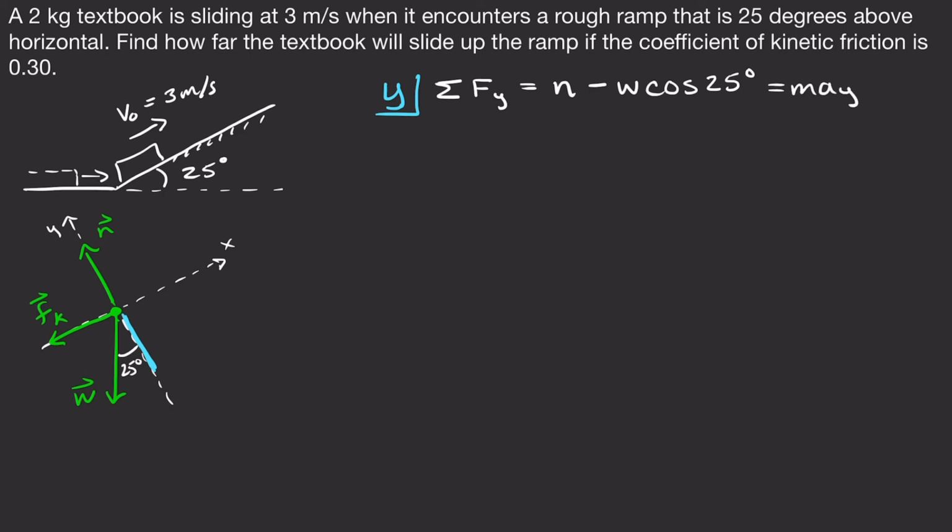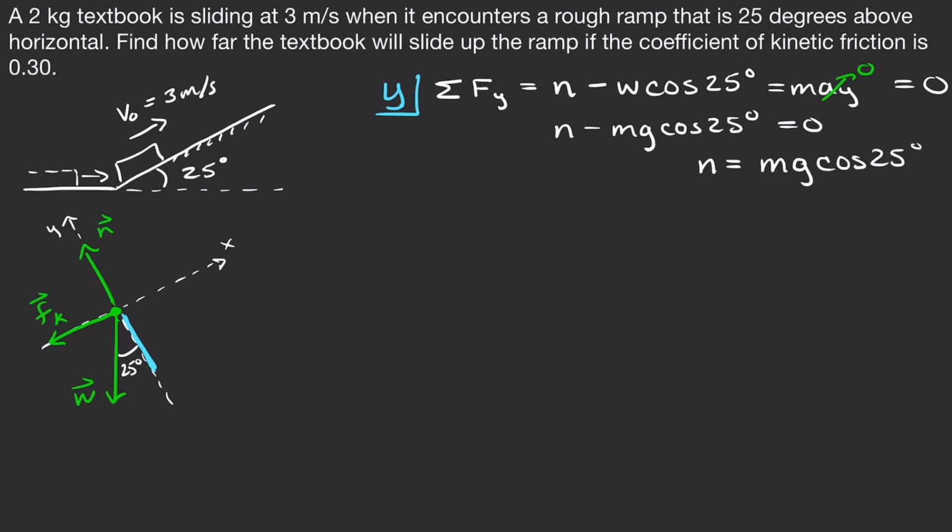But since our block is not going into the ramp or coming off the ramp, it's not accelerating in the y direction, so this is 0. And I'm going to plug in mg for my weight. So mg cosine 25, and that equals 0. So I find my normal force is equal to mg cosine of 25.